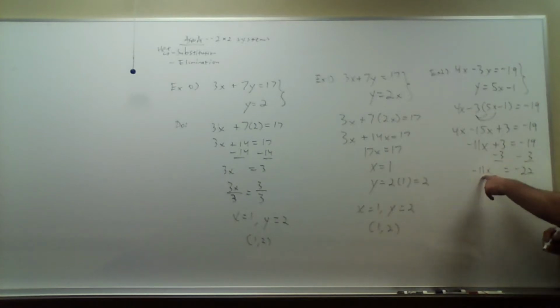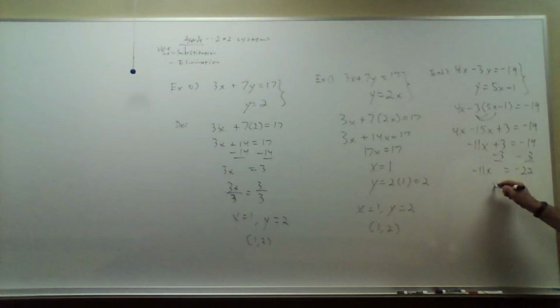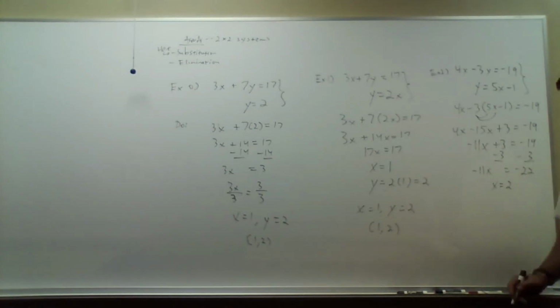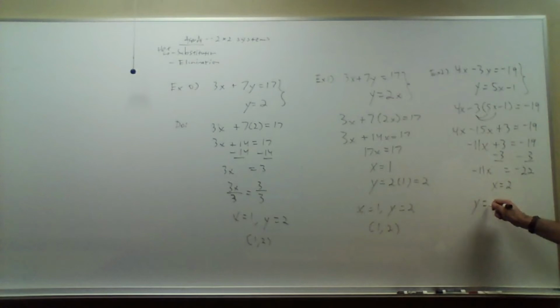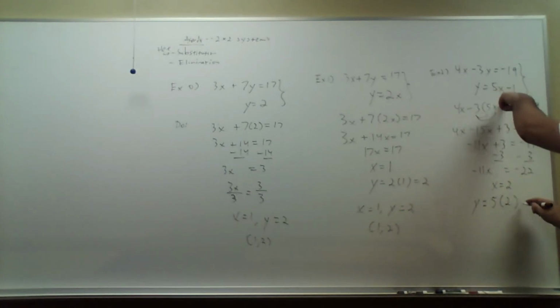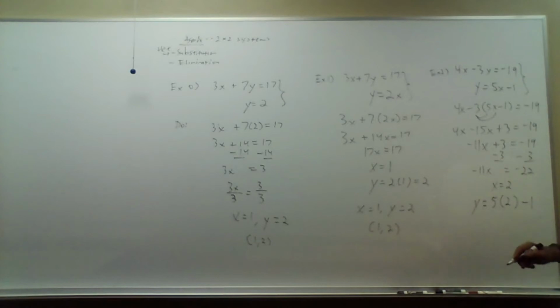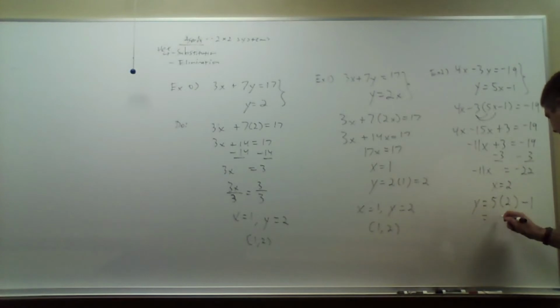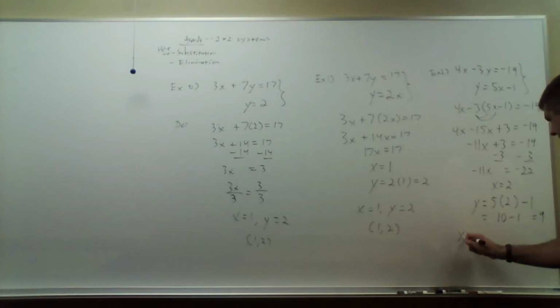Divide off the negative 11, x equals positive 2. And y equals 5 times 2 minus 1, so that is 10 minus 1, that's 9. So x equals 2, y equals 9. So you have ordered pair 2, 9.